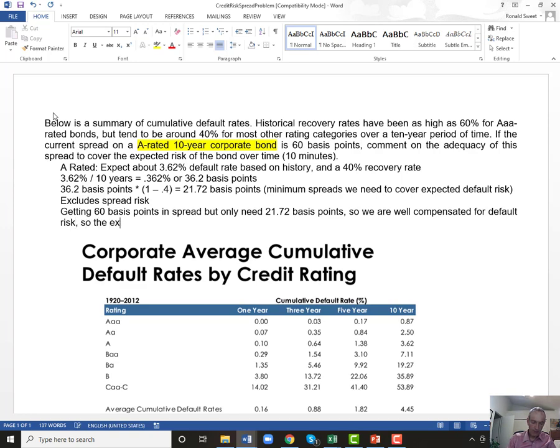So the extra spread will provide for spread risk. So if you go into a recession, spreads are going to gap out. If this firm has some bad news, even though they don't default, their spreads are going to gap out. Spread risk, which is a type of credit and or price risk.